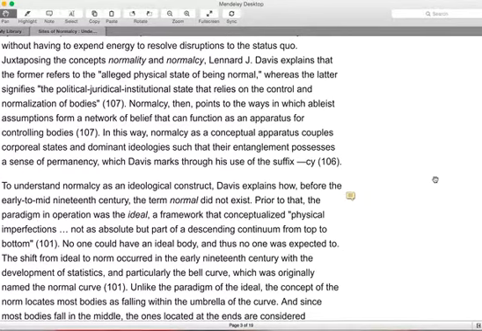Here's what it does. In this paragraph, the paragraph reviews literature, especially Davis and Dolmage. The idea of normalcy as an ideological construct to lead to their idea of an ideology of normalcy.